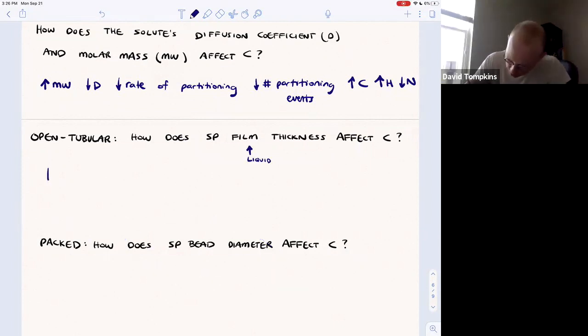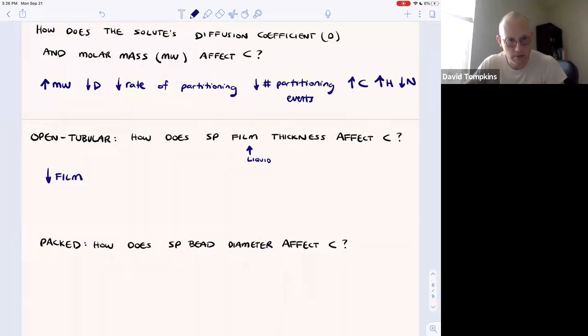You always want to have a thinner film, or decrease the film thickness. Now, that's going to limit how much solute can be loaded onto your column, and you have a lower capacity. Or if you have less stationary phase, you have a lower capacity for solute, but it doesn't take as much time for a compound to go to the film, diffuse into it, and then diffuse out. It's easier to go in and out of the film if you have a thinner film.